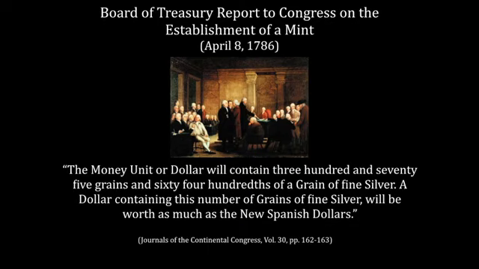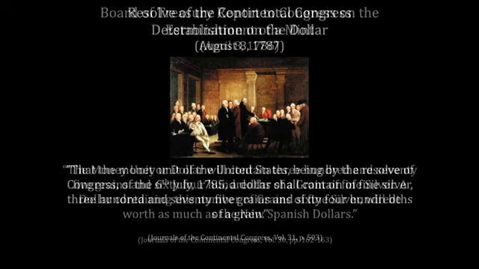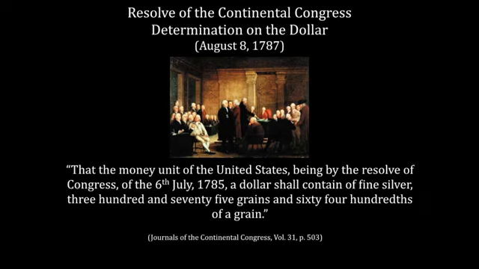Then on August 8, 1787, Congress made its determination on the dollar. It resolved that the money unit of the United States, being by the resolve of Congress of the 6th July, 1785, a dollar shall contain of fine silver 375 grains and 64 hundredths of a grain.